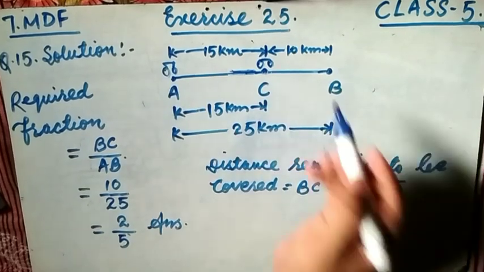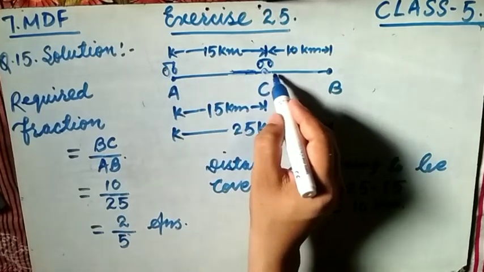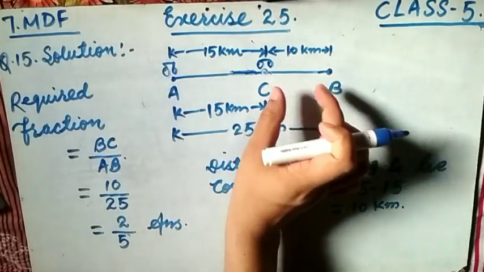So the remaining distance to be covered is because the train stops here after 15 kilometer, and this distance remains to be covered.